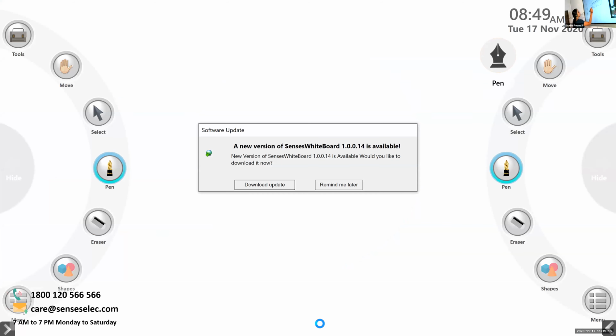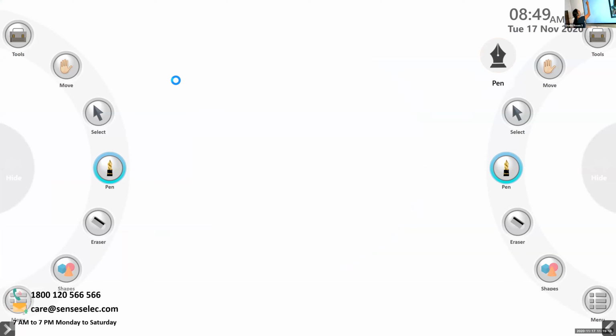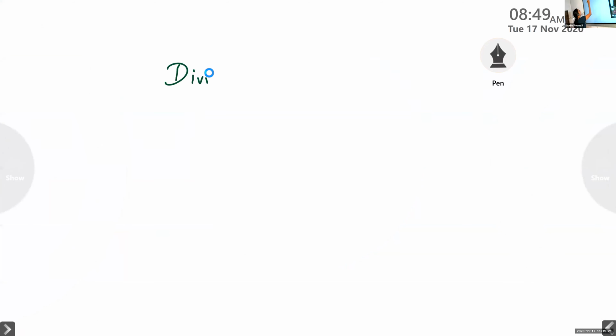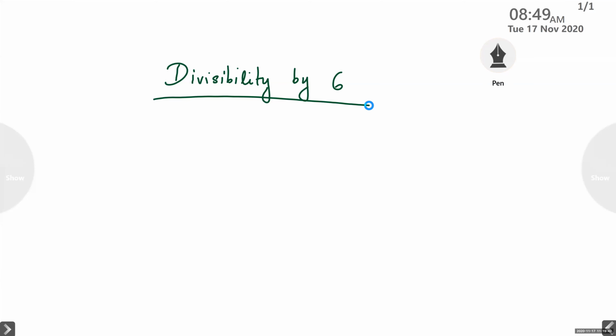Okay, children. Divisibility by 6 means there is no special rule for divisibility of 6.